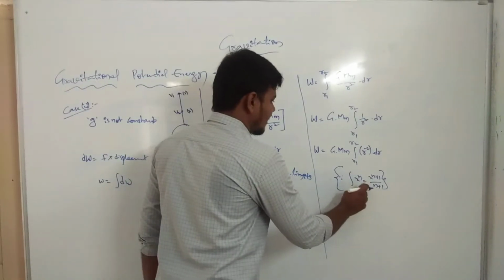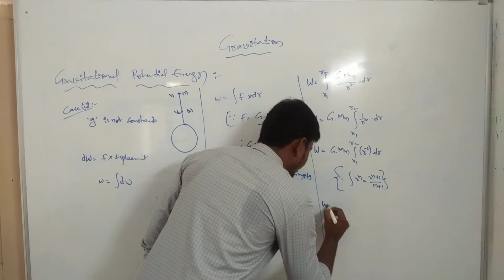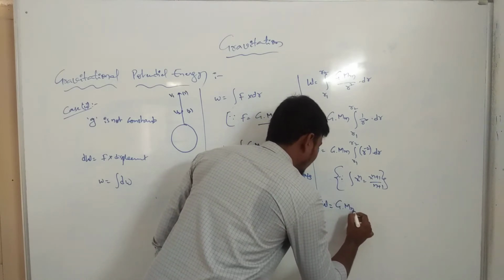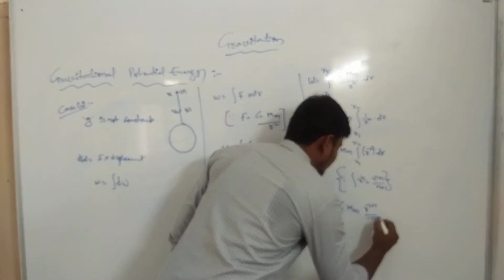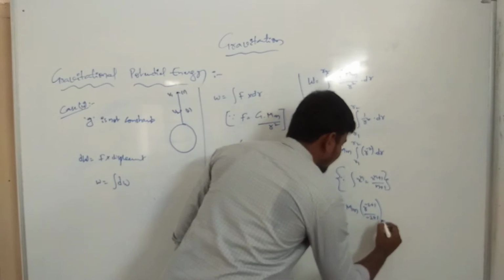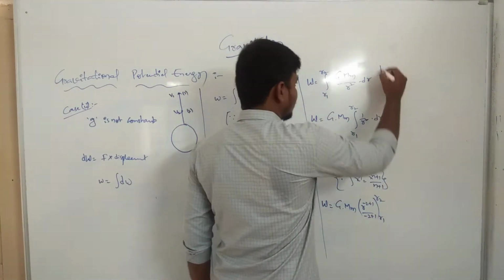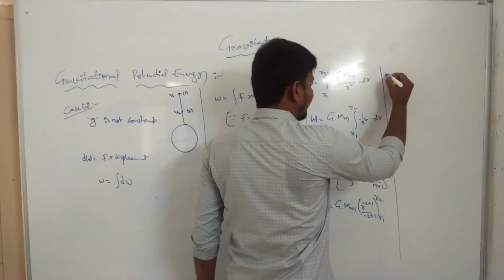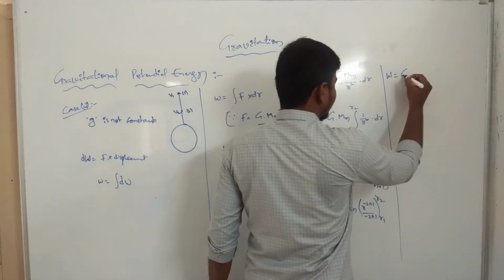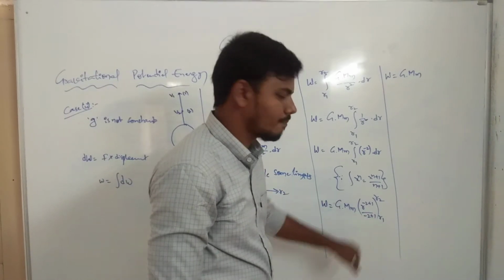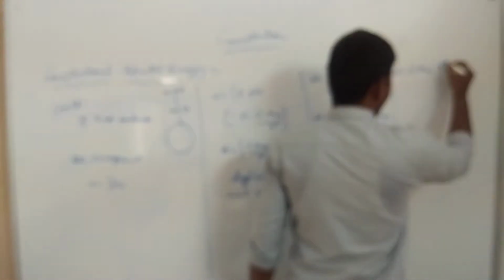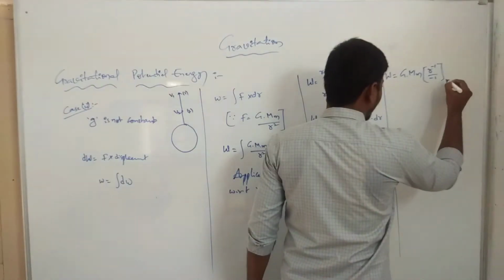Now we apply this in our previous equation. W is equal to capital G, capital M, small m, times R to the power of minus 2 plus 1 by minus 2 plus 1, applying the limits R1 to R2. So W is equal to G M m times R to the power of minus 1 by minus 1, which is minus 1 by R, with limits R1 to R2.